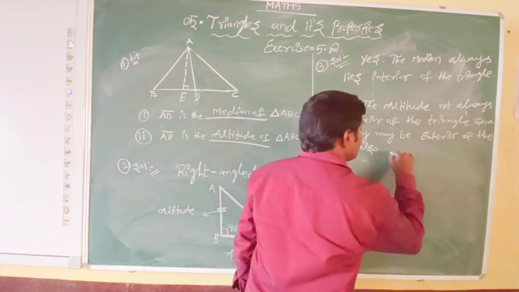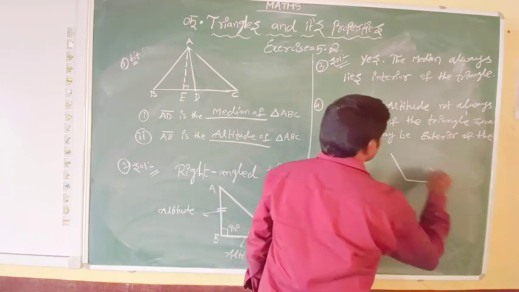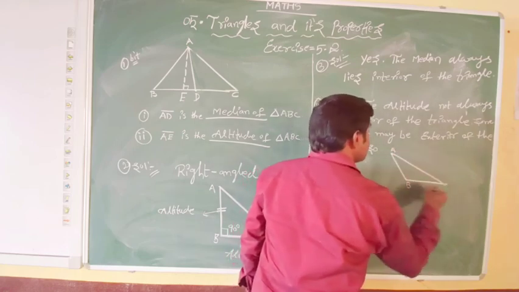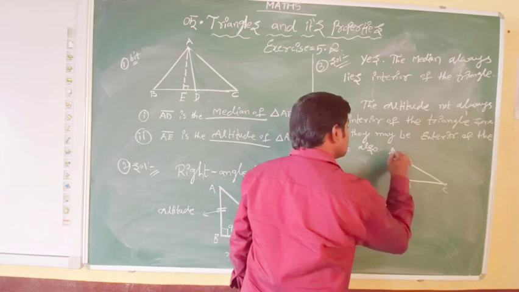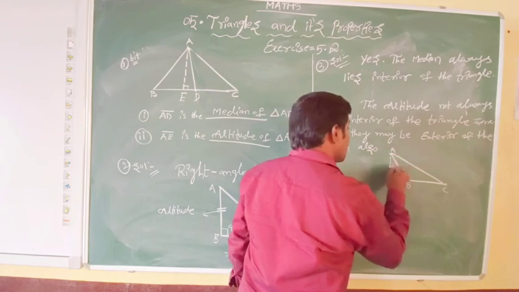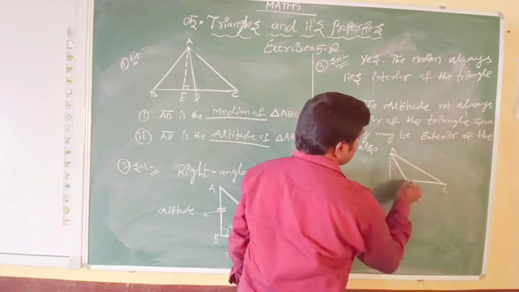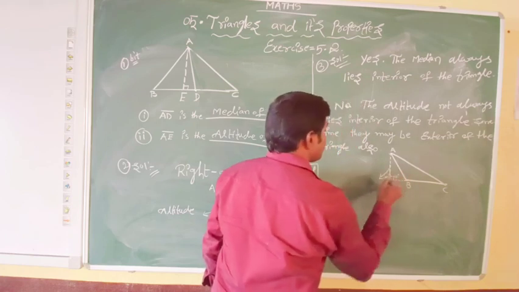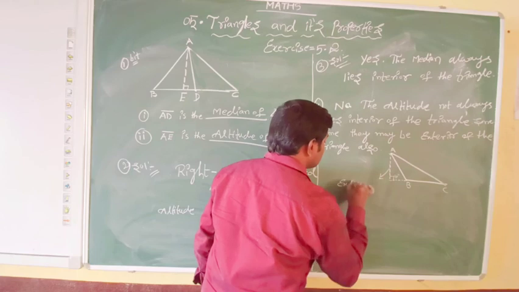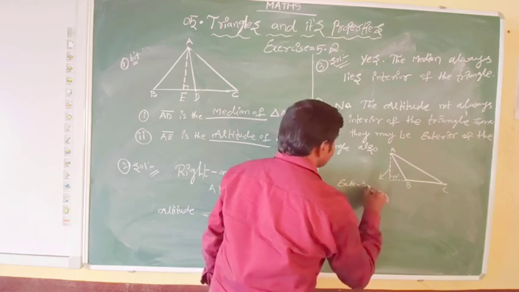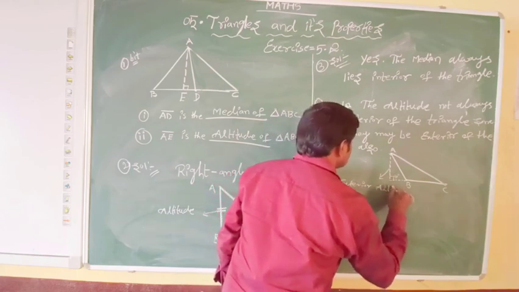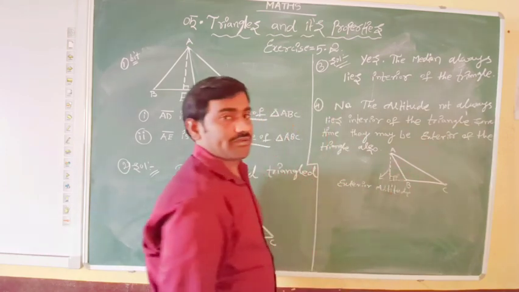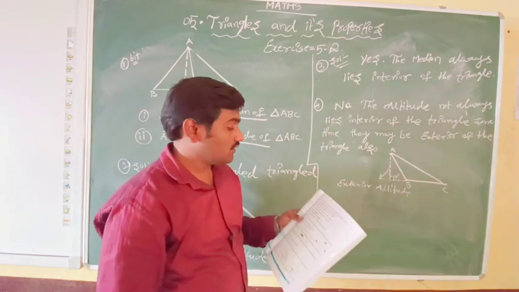For example, you draw an obtuse angled triangle and name it ABC. The altitude you start from A with dots is an exterior altitude. It is an altitude but exterior. It's not in the interior of the triangle.